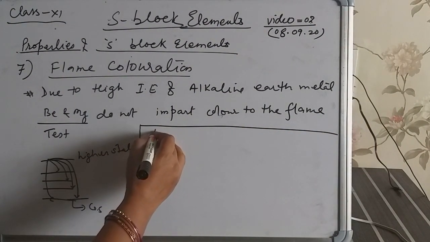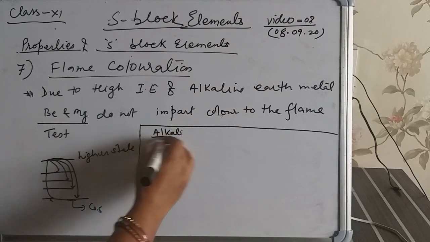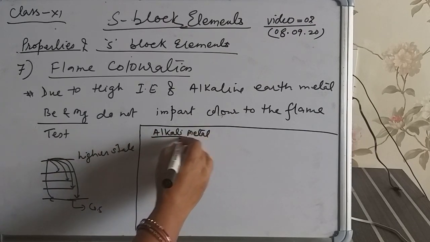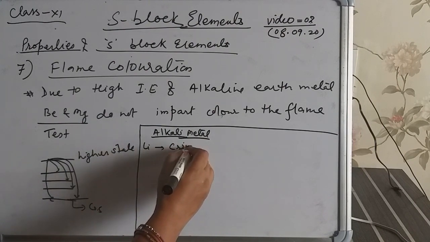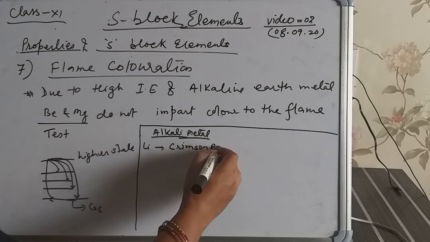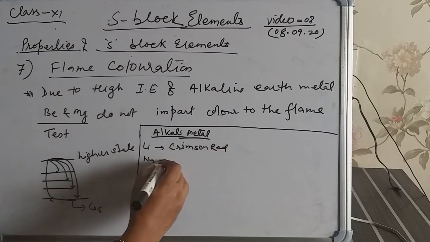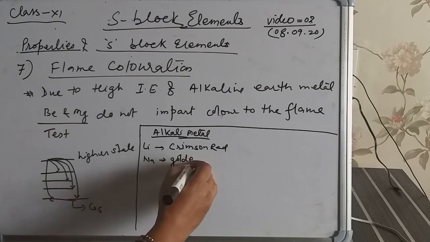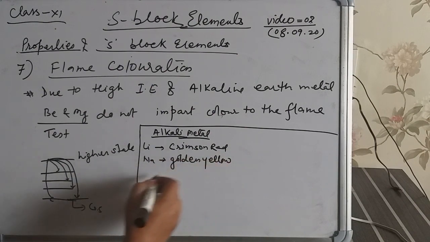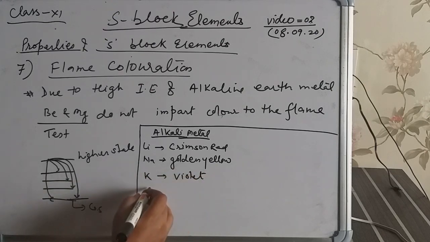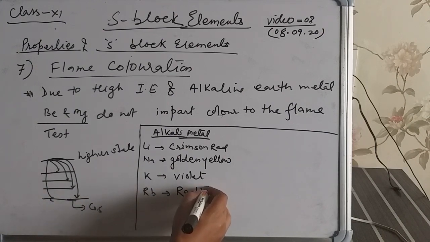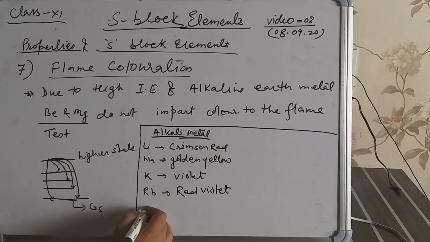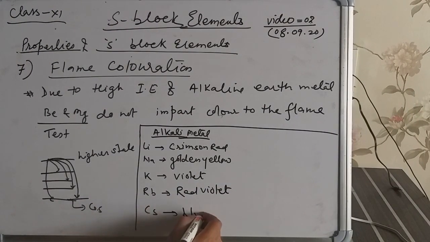In the alkali metal group, lithium shows crimson red color, sodium shows golden yellow color, potassium shows violet, rubidium shows red violet, and cesium shows blue color.